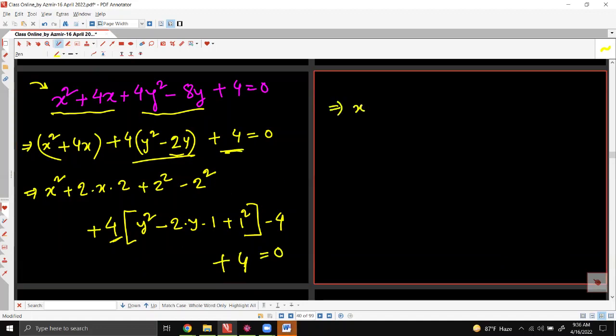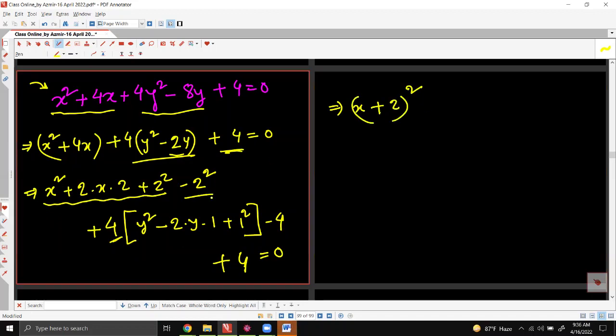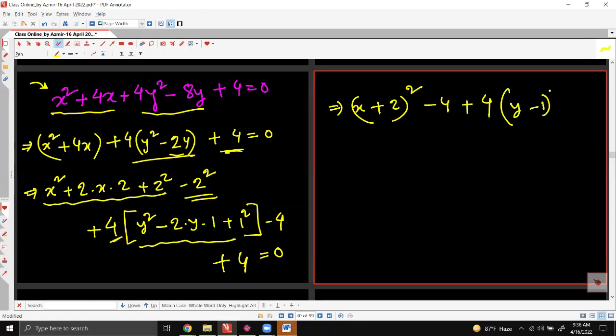So up to this part, we can write x plus 2 squared, then we have minus 4. Then 4 times, we can write y minus 1 squared. Then we have minus 4, and we have plus 4 equal to 0.